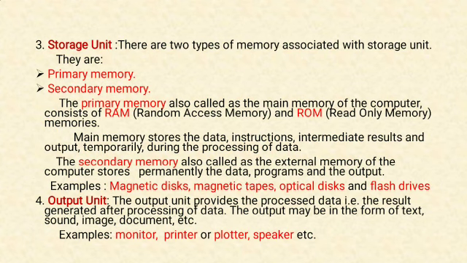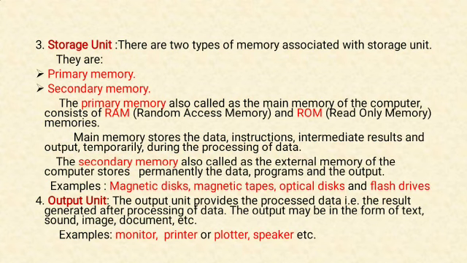Once you edit the things and save them, they will be saved in the secondary storage, that is the hard disk. The secondary memory, also called the external memory of the computer, stores permanently the data, programs and the output. Examples: hard disk, CD drive. Still many more examples are there: magnetic tapes, optical discs and flash drives.